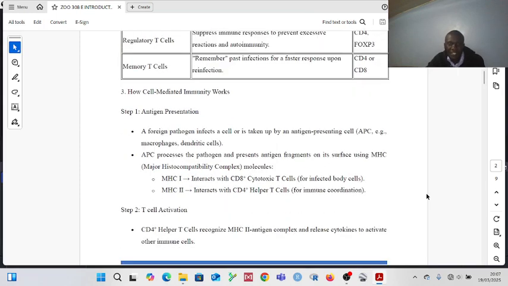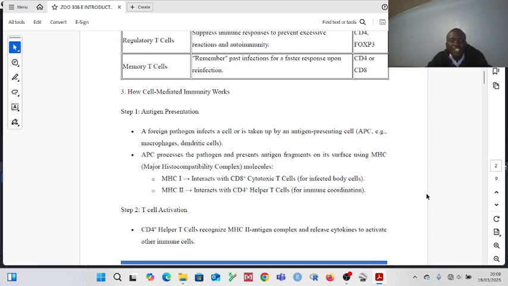So how exactly, through which steps, does cell-mediated immunity work? The first step, step 1, is antigen presentation. When a foreign pathogen has infected a cell, there are what we call the antigen presenting cells.